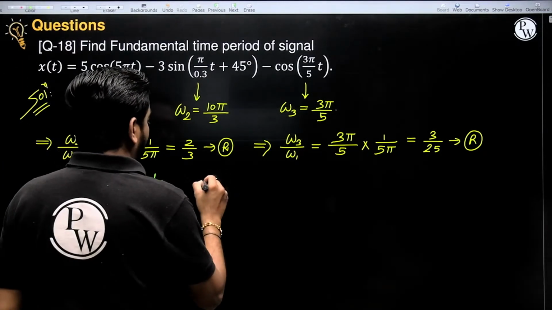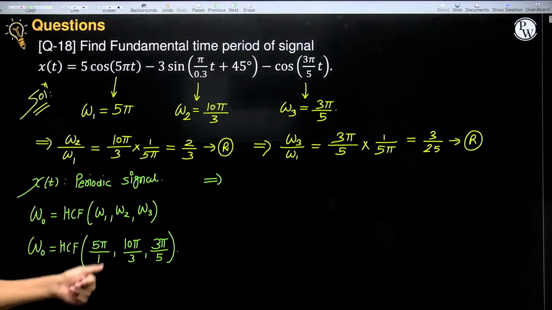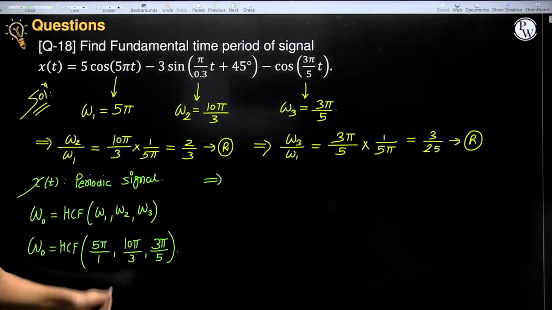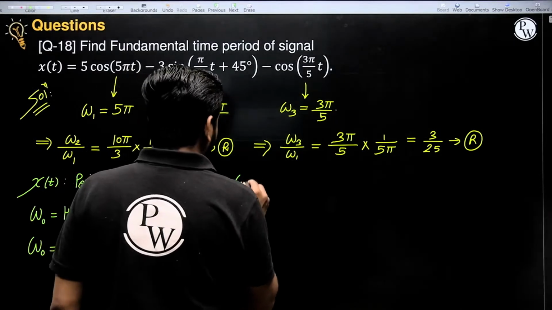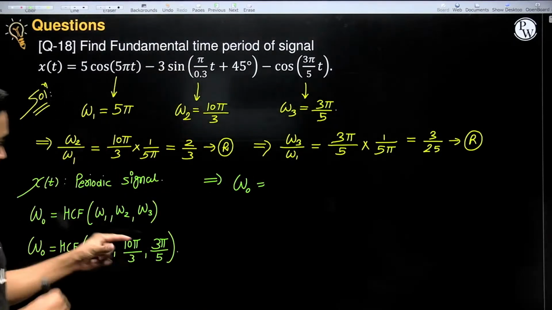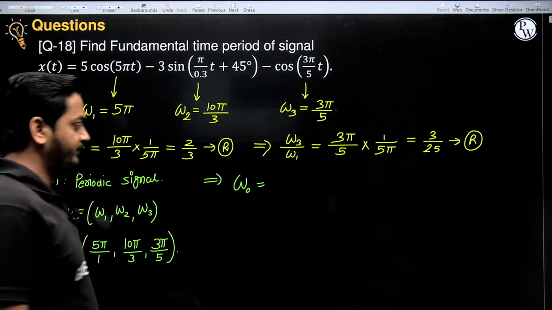So I told you, it is of the form P1 by Q1, P2 by Q2, P3 by Q3. Then how to find its HCF? HCF of numerators divided by LCM of denominators.